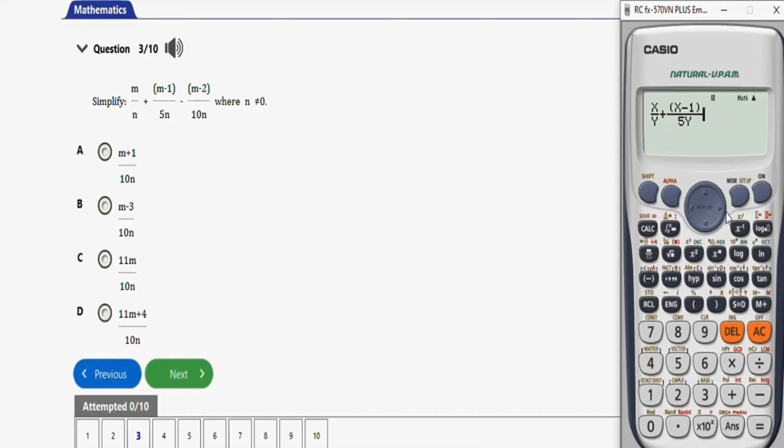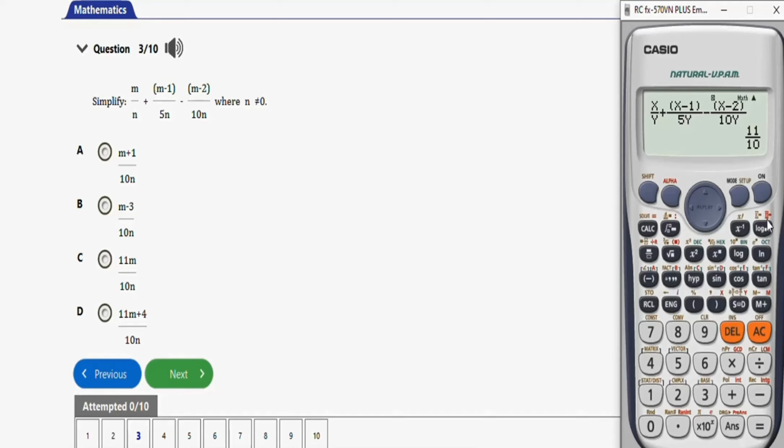Then we have minus a fraction, in brackets x, our m, minus 2, close the bracket, over 10y, our y is our n. So that's it for this question. Hope we're not missing anything. Let's press the equal to button now to see the output.